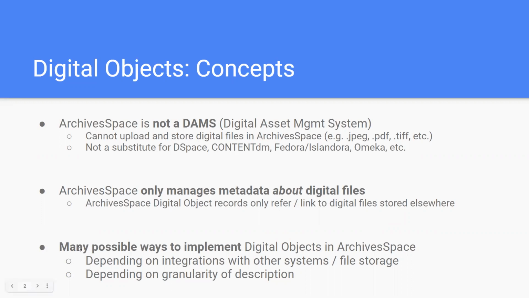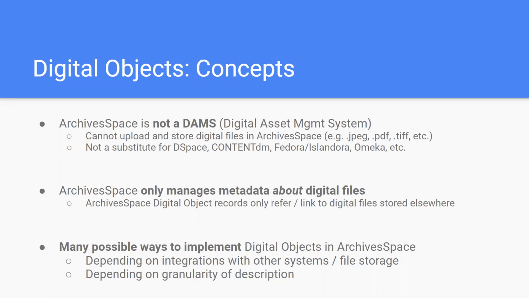And so there are a lot of possible ways that you could implement digital object records in ArchivesSpace. And this really depends on how you plan to integrate ArchivesSpace with other systems or with wherever you store your digital files. There's also a lot of possibilities around how granularly you want to describe your digital objects.